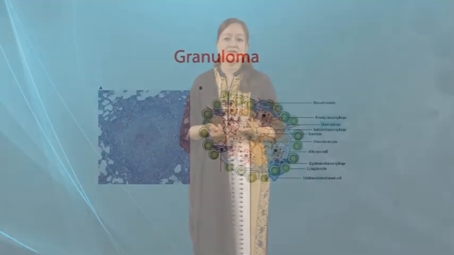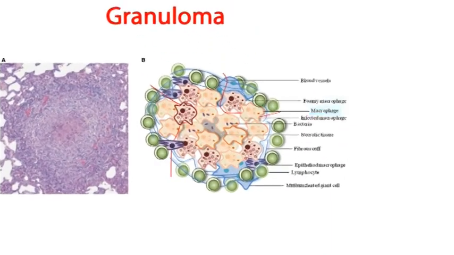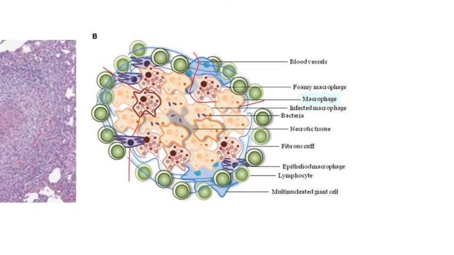Cytokines secreted by activated CD4 positive T cells can lead to extensive accumulation and activation of macrophages, resulting in formation of a granuloma. The localized concentration of lysosomal enzymes in these granulomas can cause extensive tissue necrosis. Much of the tissue damage seen with Mycobacterium tuberculosis is due to the cell-mediated immune response.